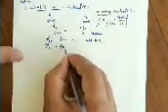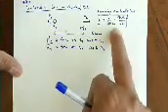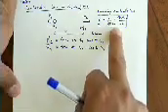Similarly, F21 will be the force on q2 due to q1. So the force between these two charges is different according to the direction, but their magnitude is the same, that is 1 upon 4 pi epsilon naught q1 q2 divided by r squared.